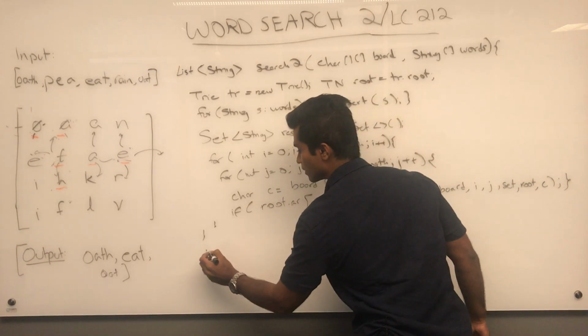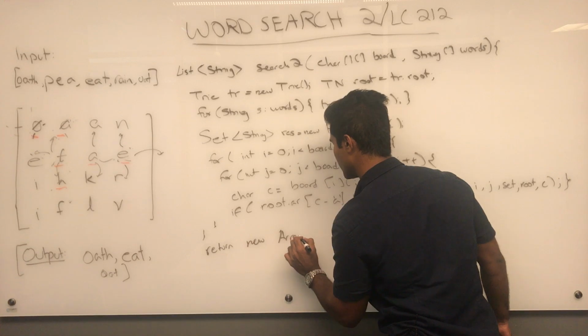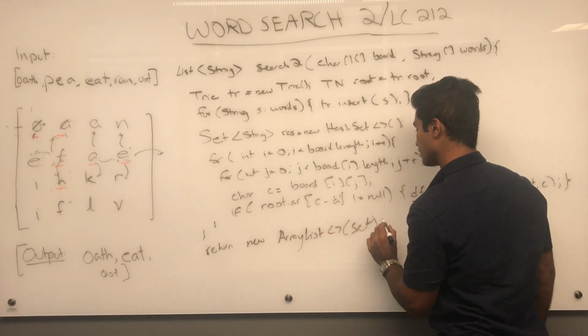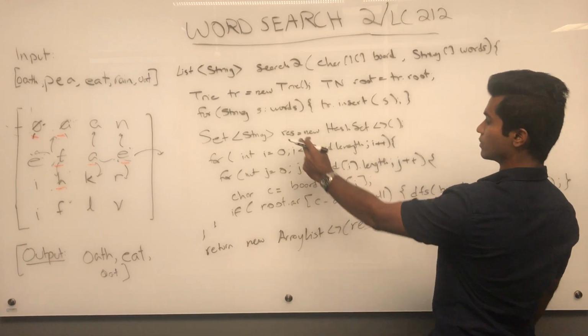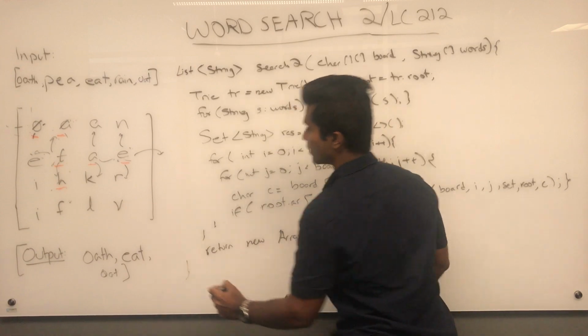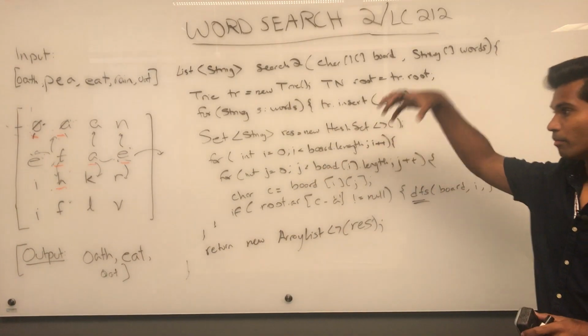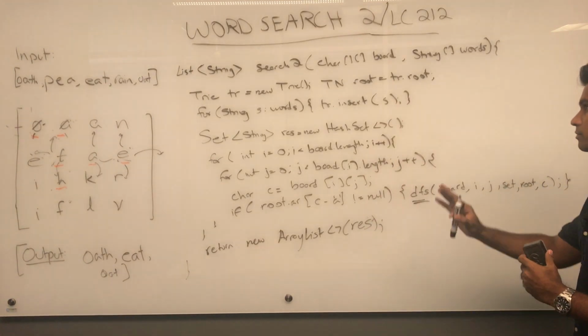And then we just return new array list, and we pass in the set collection. Oh, not the set, I called it result, yeah. And that's going to be the main function that's taking care of all the moving parts.